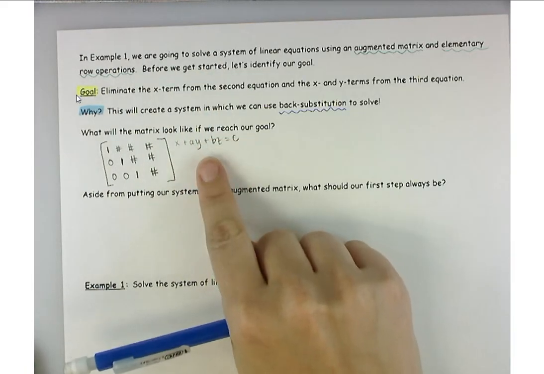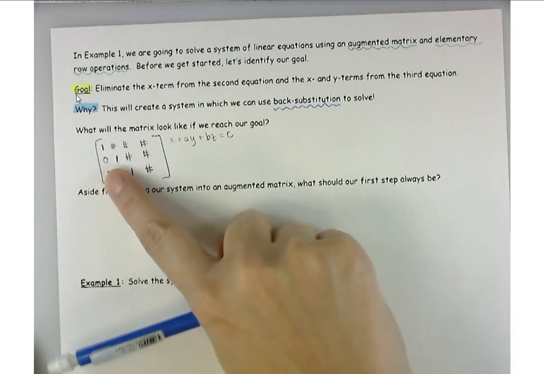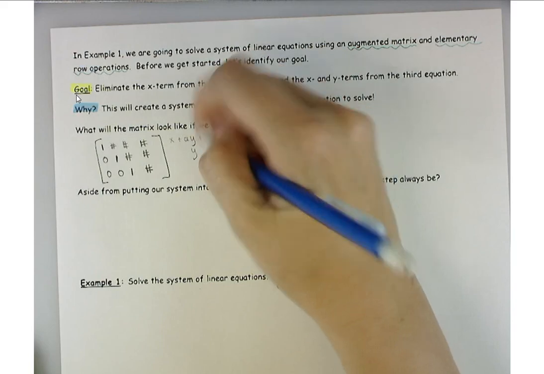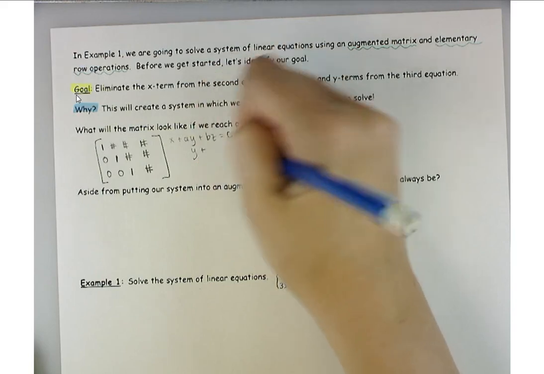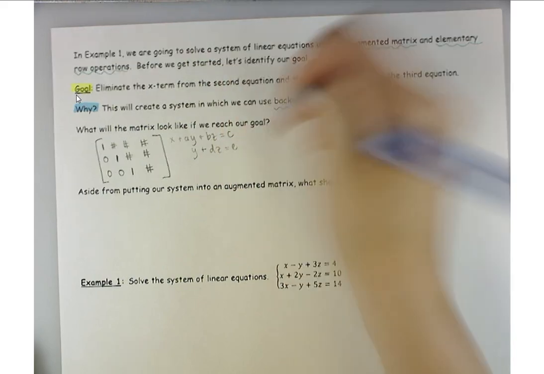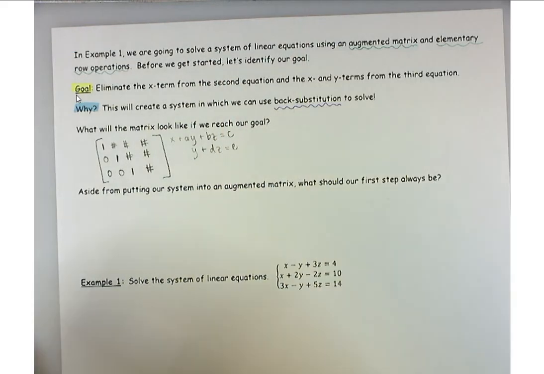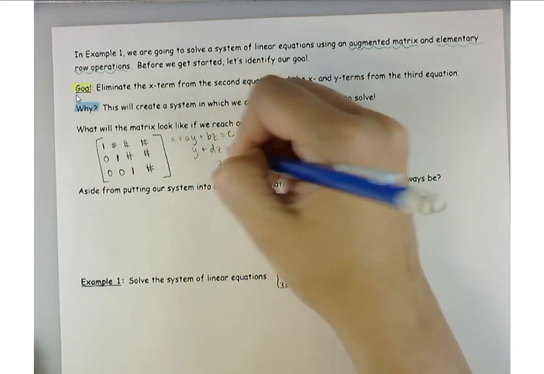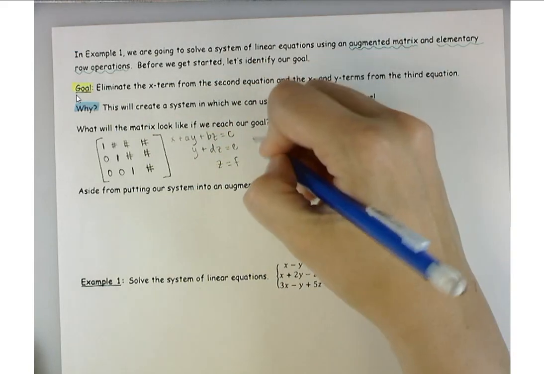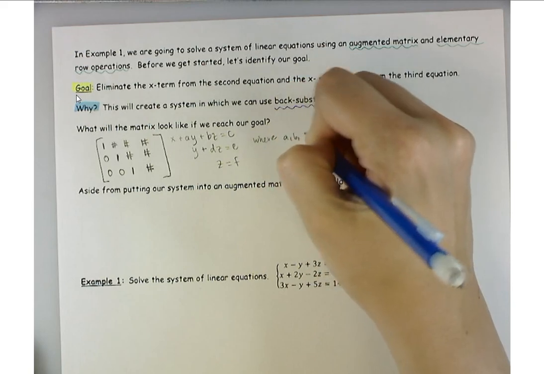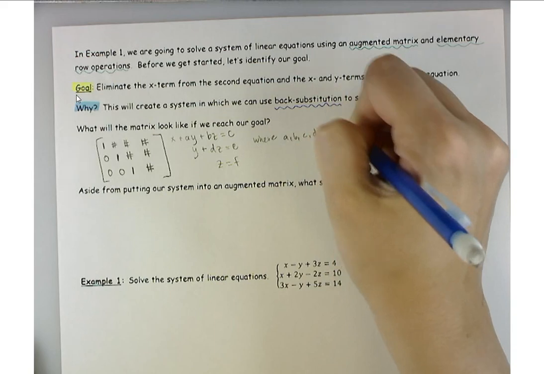So you'd have some form of that. In your second row, you'd have y plus some number in front of z equals some constant number. And then for the last one, you would just have z equals some number. So this is where a, b, c, d, e, and f are constants.